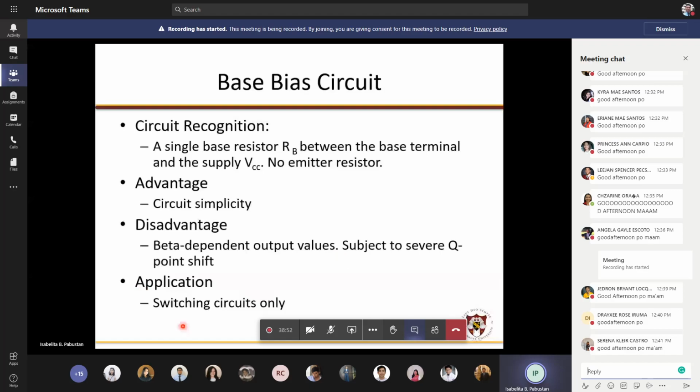This is used for switching circuits. Because as you remember, as I have said before, the very common applications of your BJT, ano-ano yon? One is your BJT as an amplifier, and the other one is your BJT as a switch. So this is the biasing technique for your switching circuit.